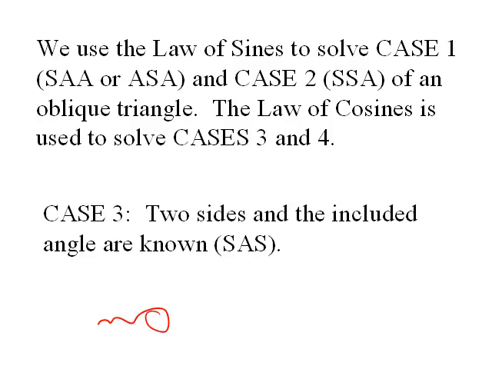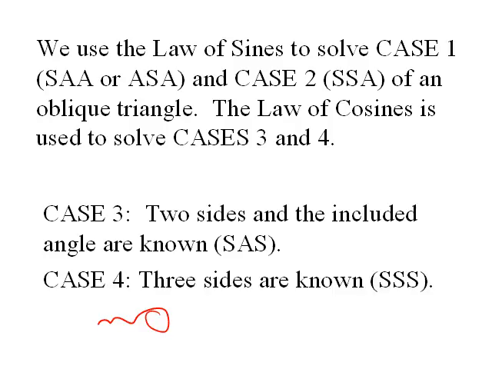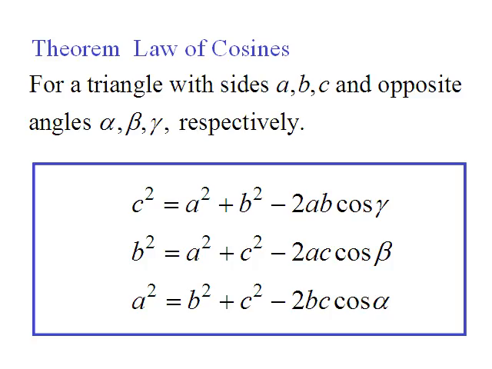If it is side angle side, 2 sides and the included angle, that will be a situation that the law of sines doesn't help for, and law of cosines will come in handy for that. And the other case would be if there are 3 sides known. So let's try some examples.